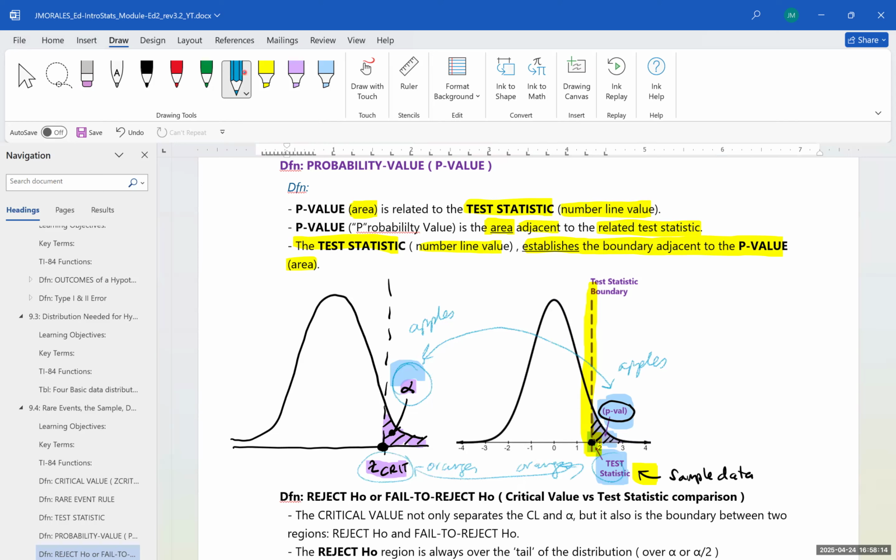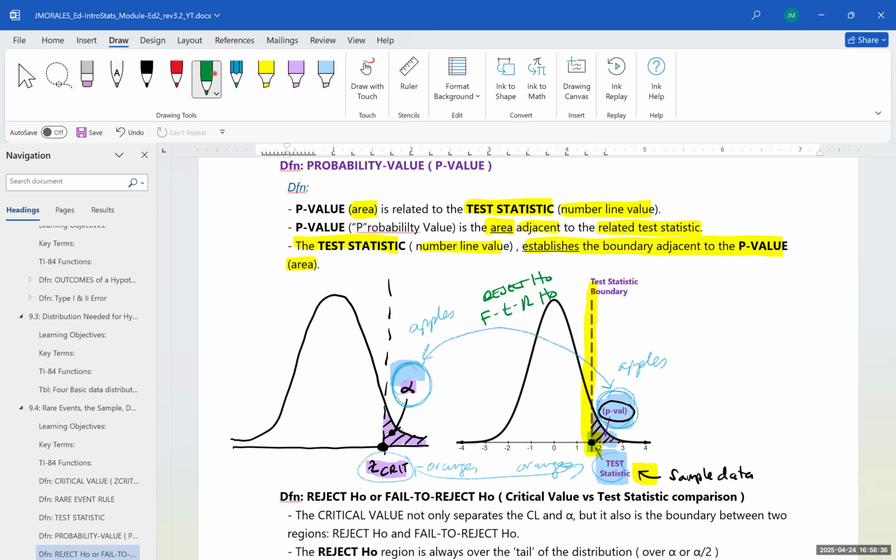And in fact, we'll be doing that. We're going to be comparing the area of the significance level to the area of the p-value and using that to determine whether we're going to reject the null hypothesis or fail to reject the null hypothesis.